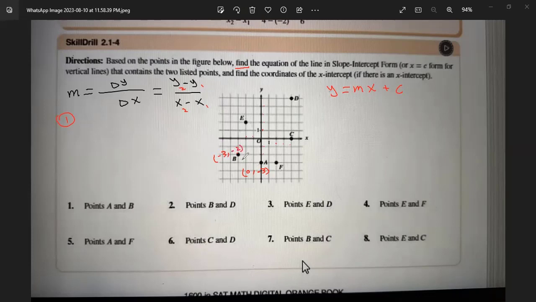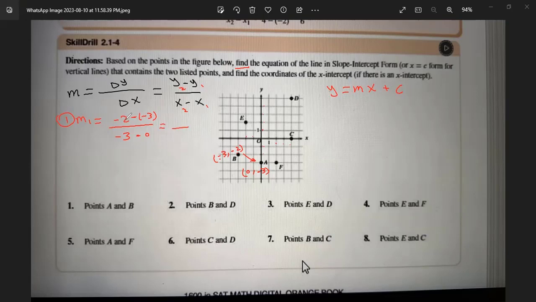Now we have 2 points. So the slope for 1 is the difference between the y's, first start from here: negative 2 minus 3, you can use a calculator directly, over, start with negative 2 in the denominator, negative 3, minus 0. So we have here what?